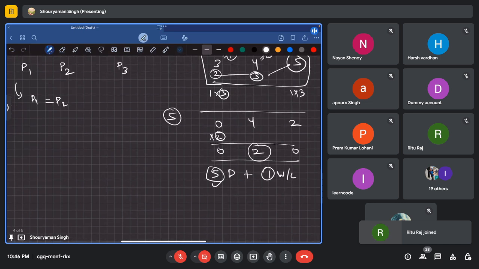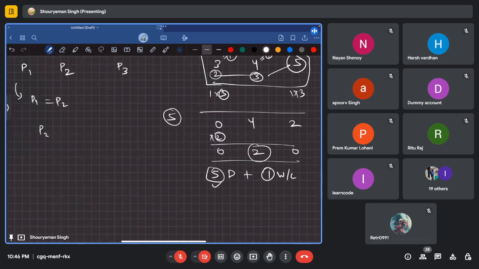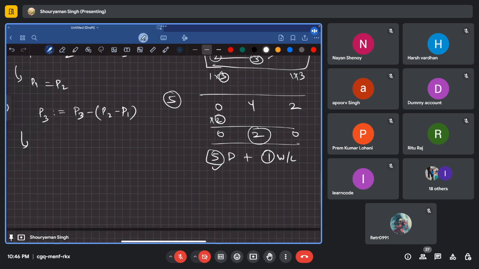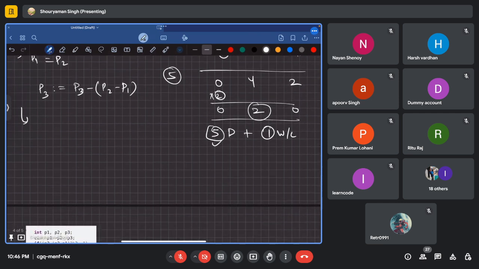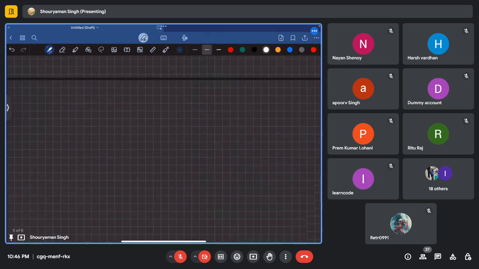That is, what I want you to do is assign P3 equal to P3 minus P2 minus P1. If you are able to do this, what would the resulting numbers look like?